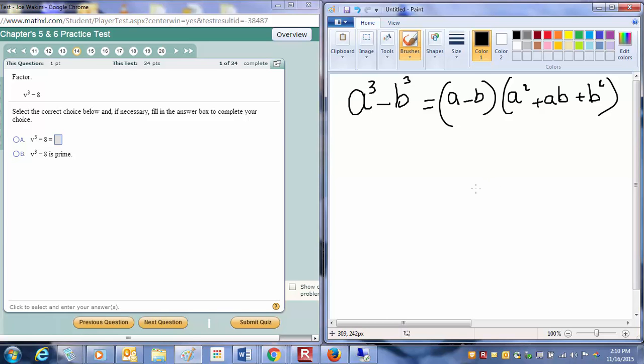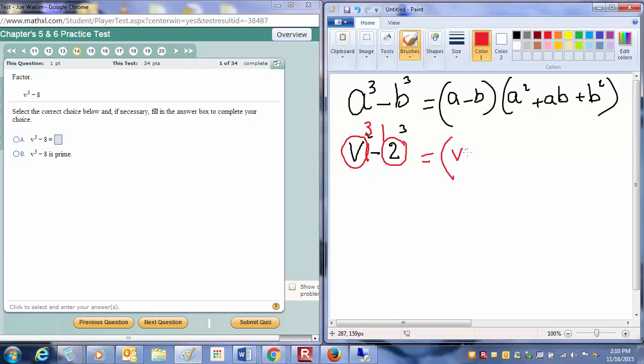And if you try to compare it to v cubed minus 2 cubed, why? Because 2 times 2 times 2 is 8. But now I can say, okay, this is my a. This can be a because this is v cubed. And this is my b.